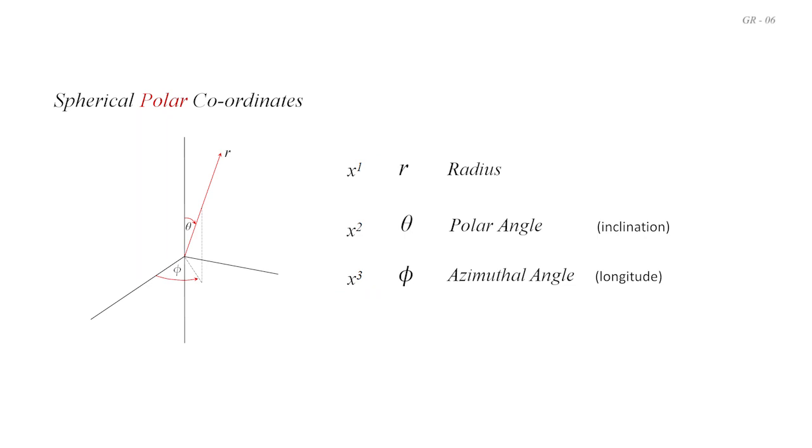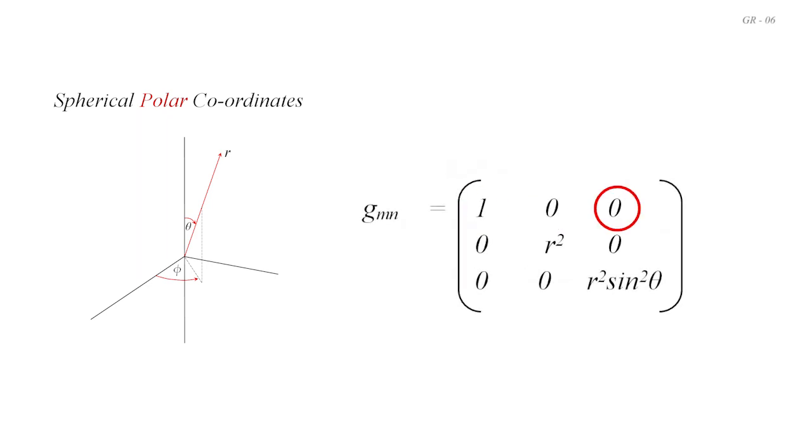In spherical polar coordinates, we would say that r, theta and phi become x1, x2 and x3, and it's actually not too difficult to show that the metric tensor for 3-dimensional spherical polar coordinates would be given by this: 1, 0, 0, 0 r squared 0, 0, 0 r squared sine squared theta. Notice that this bit is the same as the two-dimensional surface spherical coordinates. This is the theta and phi part.